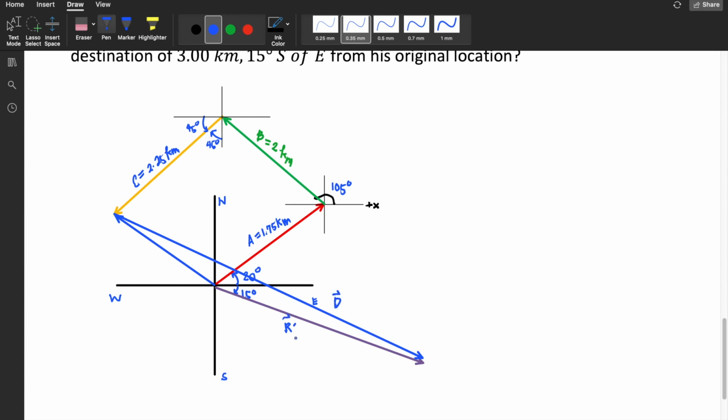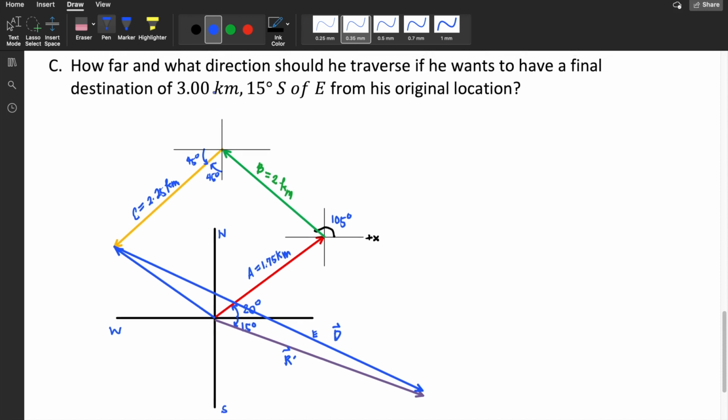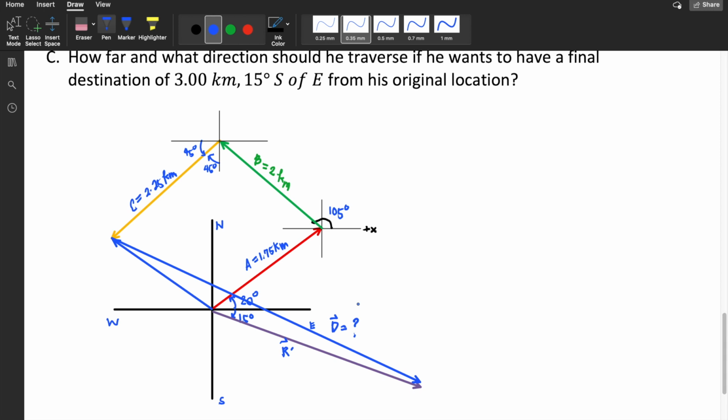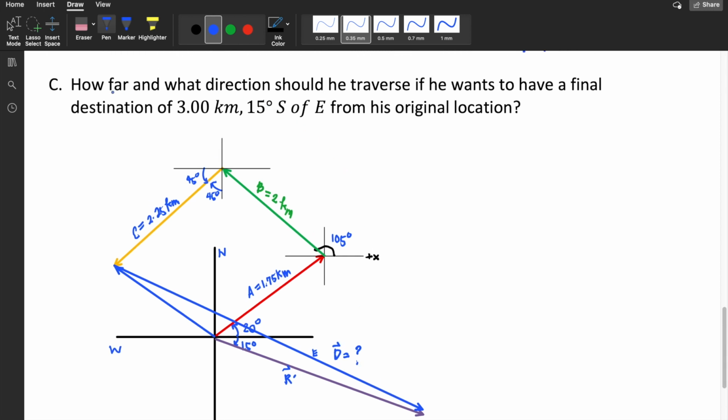R prime is given with a magnitude of 3 kilometers, 15 degrees south of east, but we are looking for the D vector. What distance and direction should he travel if he wants to have a final destination of this vector from the original location? So what are its magnitude and direction?